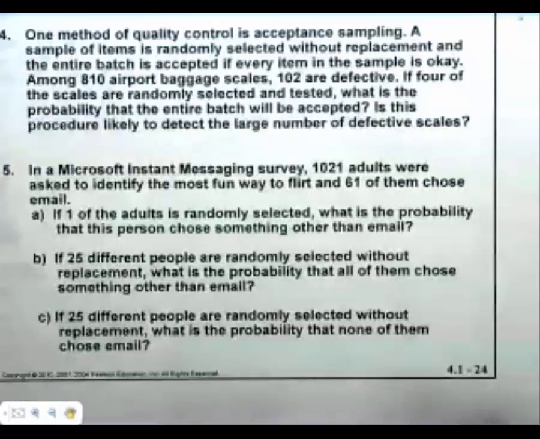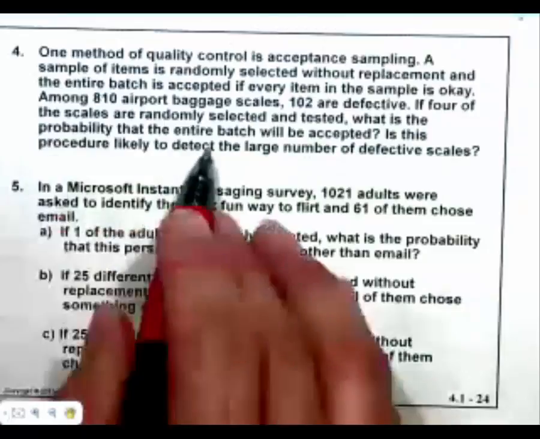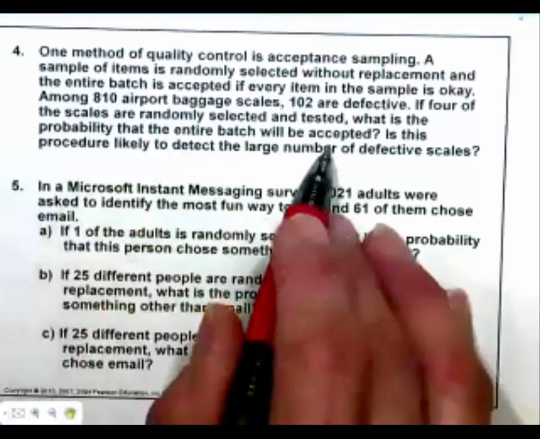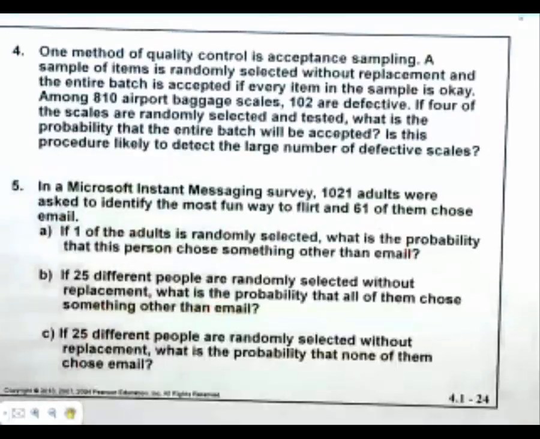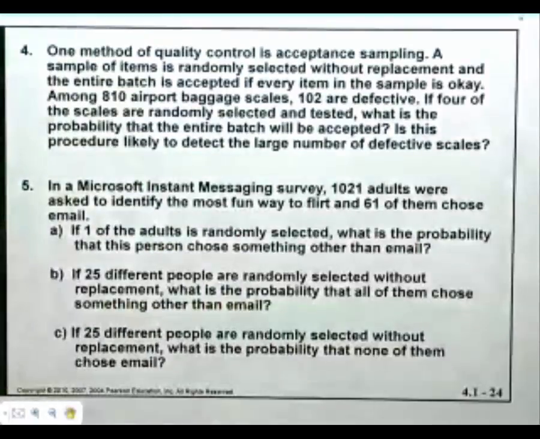If 4 of the scales are randomly selected and tested, what's the probability that the entire batch will be accepted? Tell me how to calculate the probability that the first one I draw out is going to be good. What's the probability that the first scale I test is going to be fine?